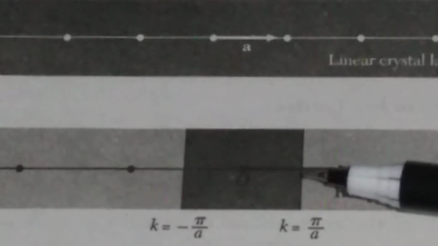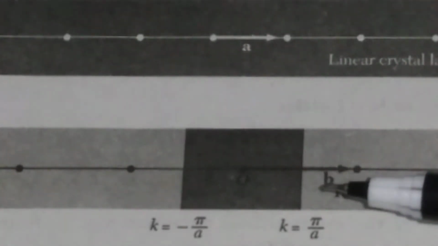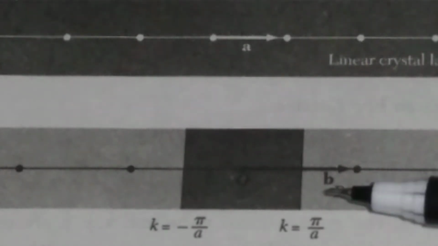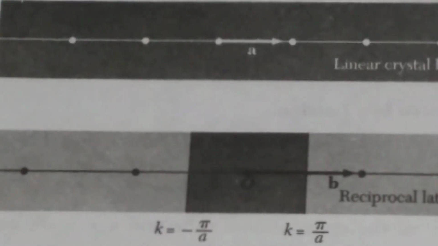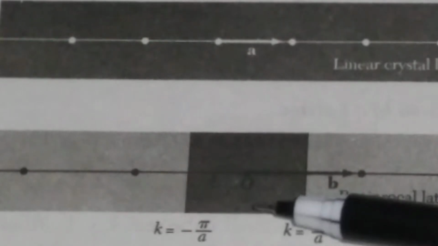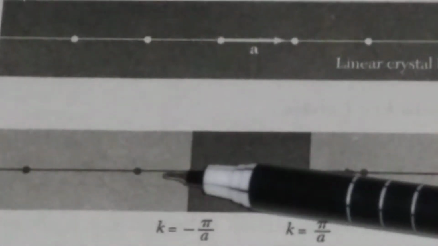The reciprocal lattice of this basis vector is equal to 2π/A, which is denoted by the B vector. To construct the first Brillouin zone, we have to draw the reciprocal lattice vector B and minus B vector.